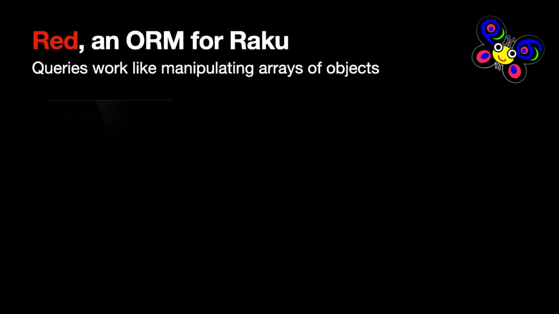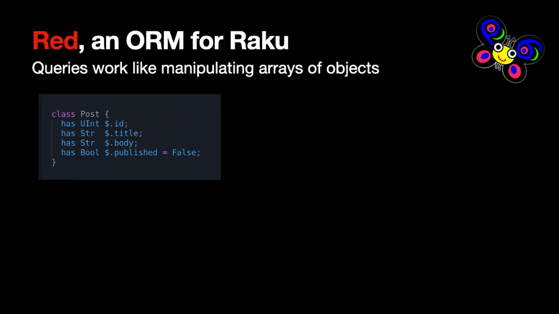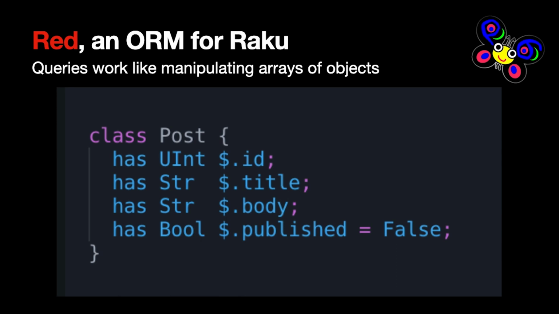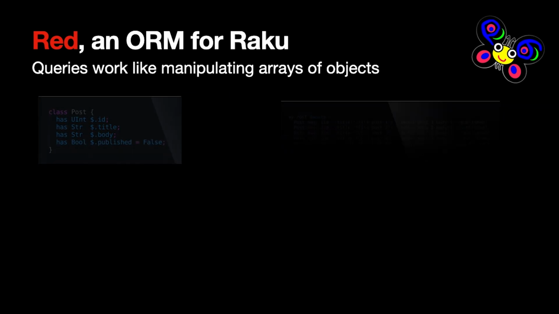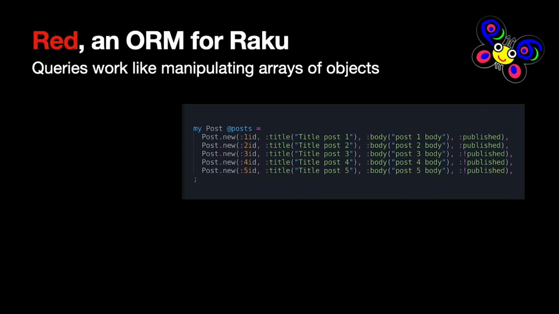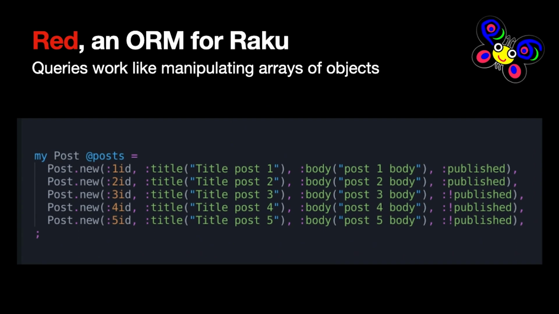So for example, if there is a Post class like this one that has some attributes like id, title, body, and published, you can create this array @posts with some objects like here.